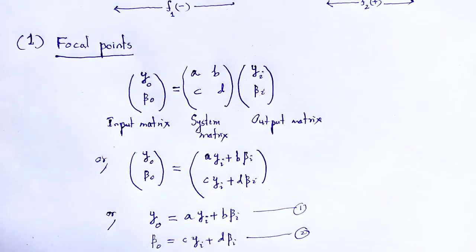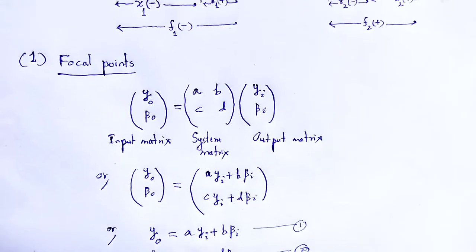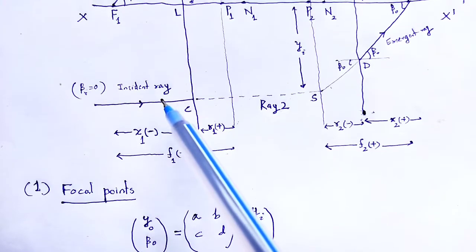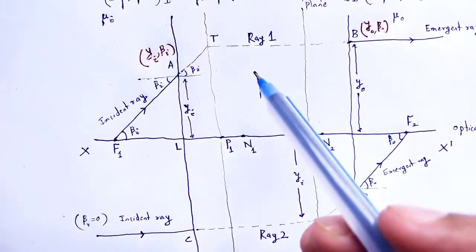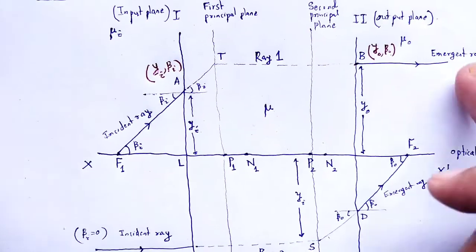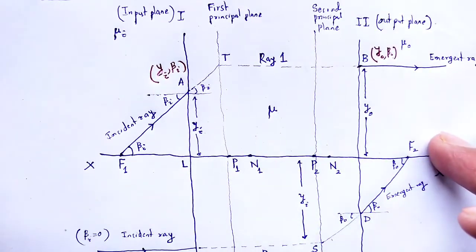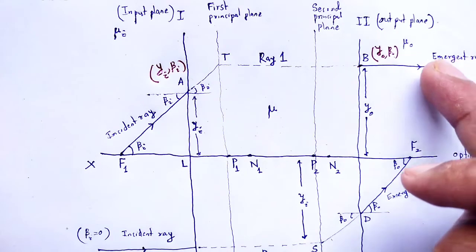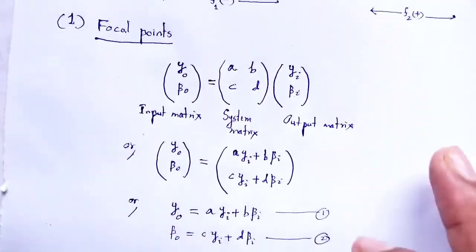To calculate that, look here, in case of the second ray, or if you treat the first ray, here the emergent ray is parallel to the optical axis. That's why at that particular plane beta naught, or beta output, is equal to 0.